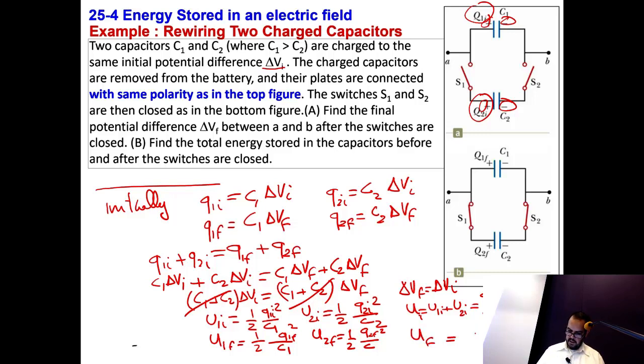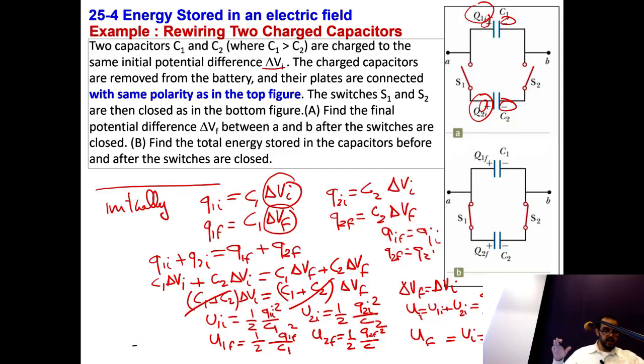The fact that delta V final is equal to delta V initial means also Q final and Q initial are equal. So Q1 final is equal to Q1 initial, and Q2 final is equal to Q2 initial. So you end up with the same equation. U final is equal to U initial.